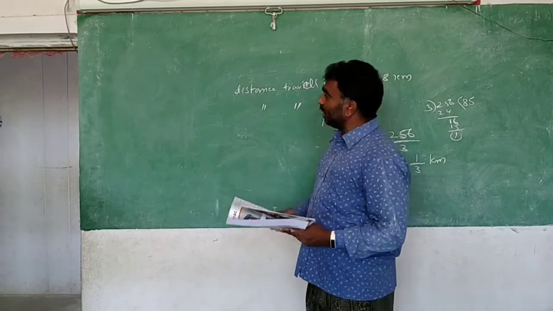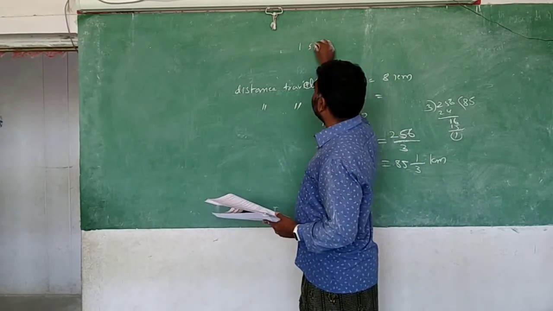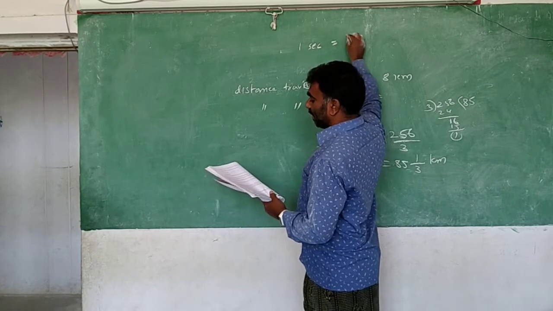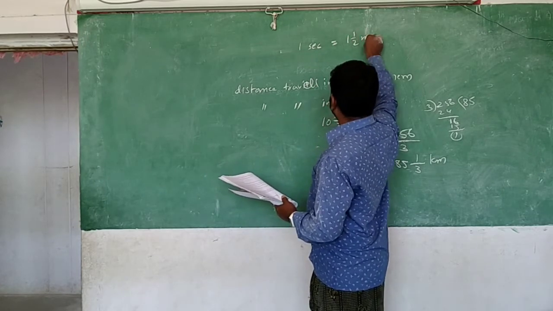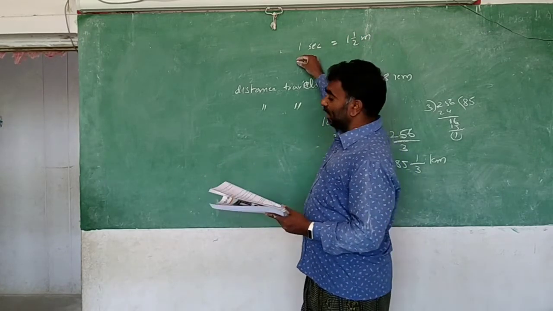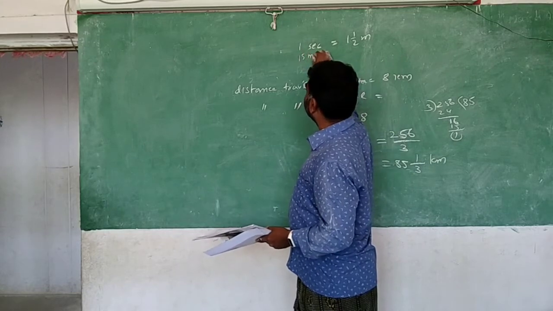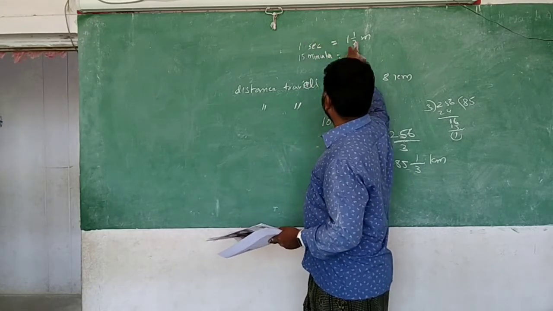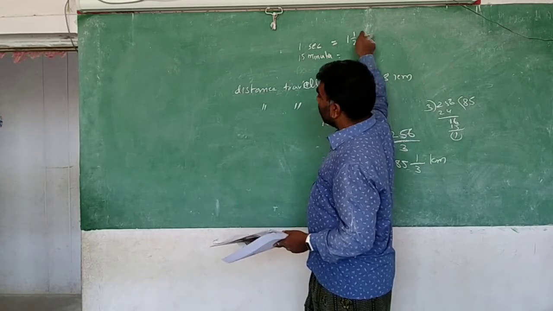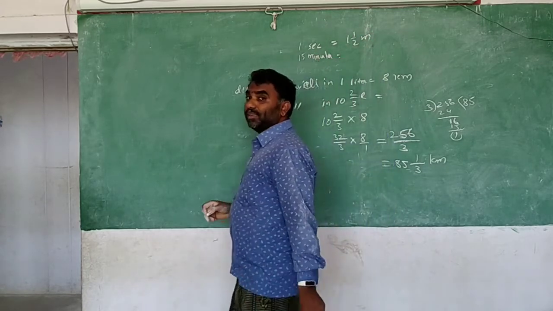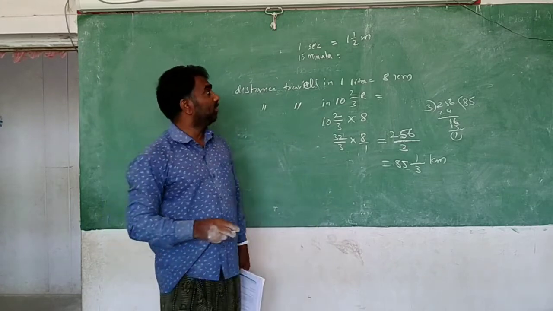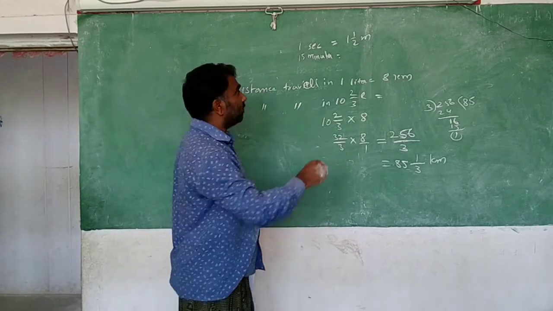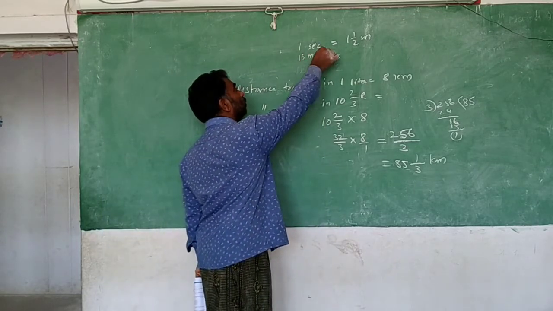This is the first thing he has given: in 1 second, 1/2 meters. Next he is asking in 15 minutes. In 1 second he is walking 1/2 meters. In 15 minutes he is asking. So what should we do first? We should convert these 15 minutes into seconds.